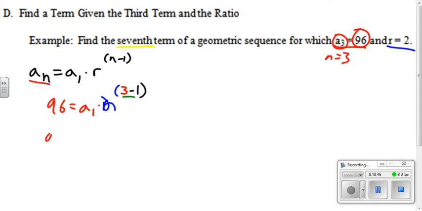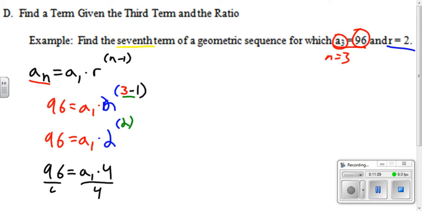So we would say 96 equals a sub 1 times 2 to the power of 2. Okay, now from here we know that 2 squared is 4. So we'd say a sub 1 times 4. Now we just need to divide both sides by 4.